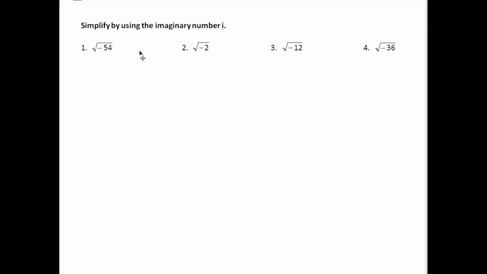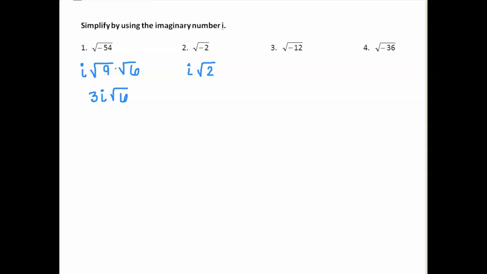Okay, so we can also have square roots where we're not adding a real part to them, where they're simply square roots of negatives. So the square root of -54 is i times the square root of, and then you would have 9 and 6. So you get 3i square root of 6. 2 is prime, so it just becomes i square root of 2.